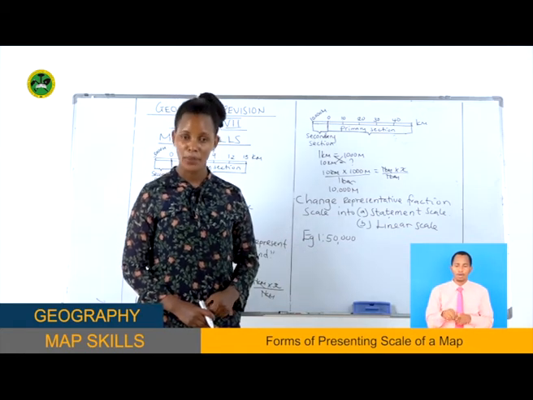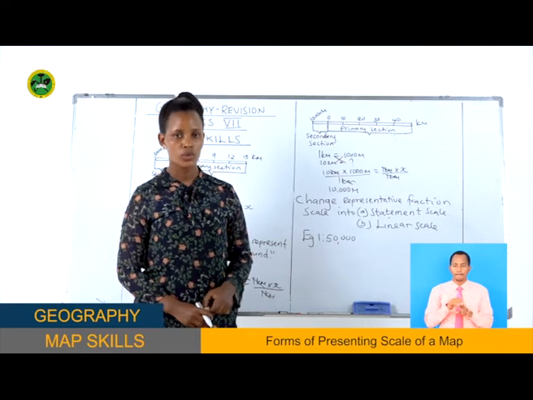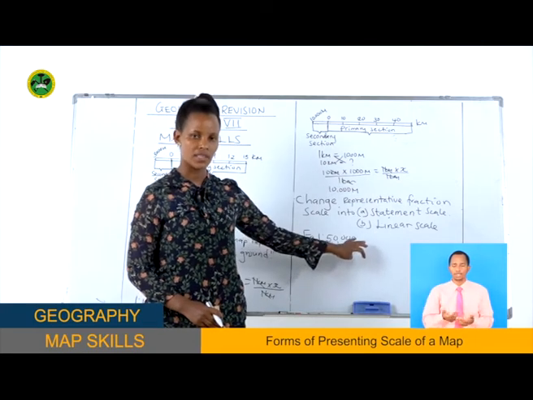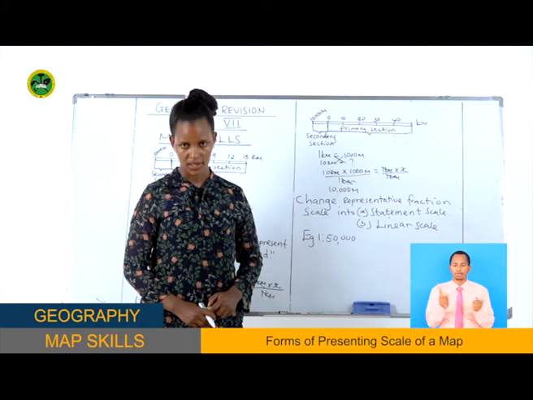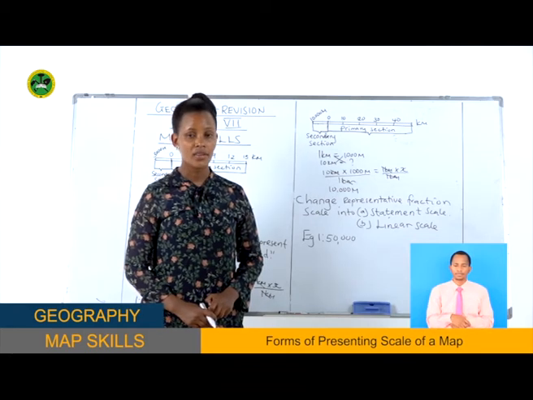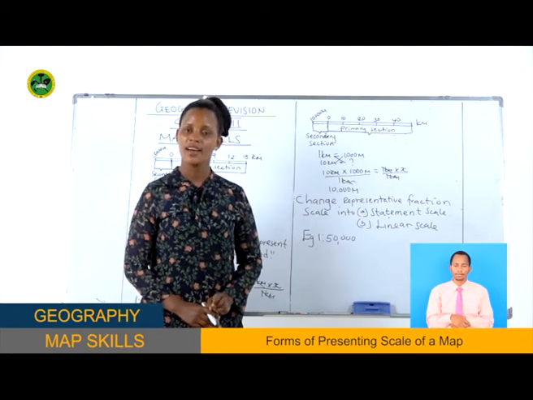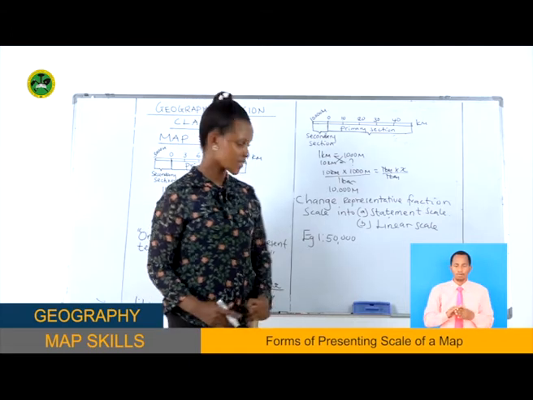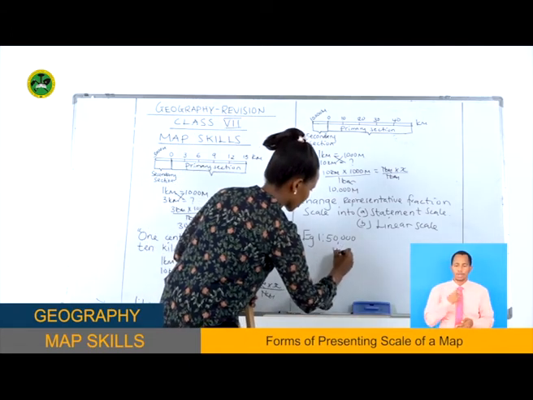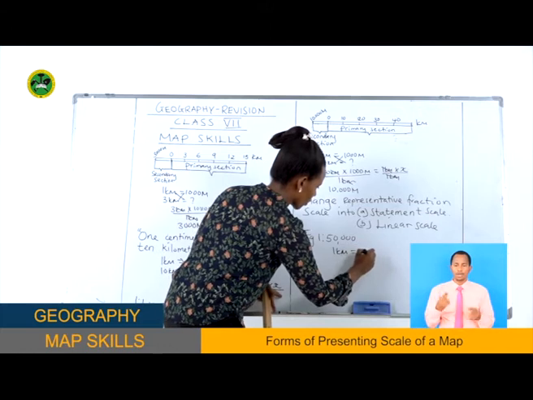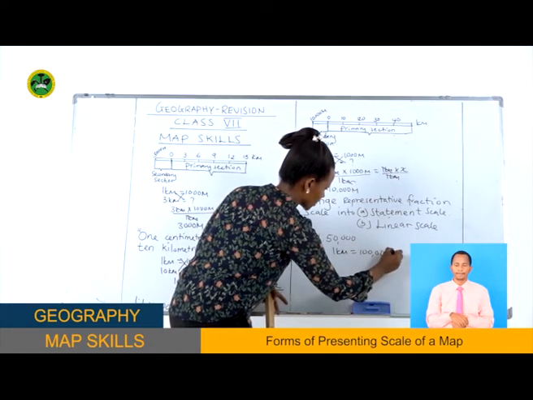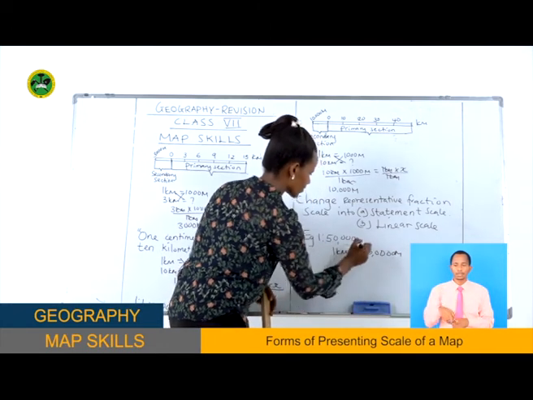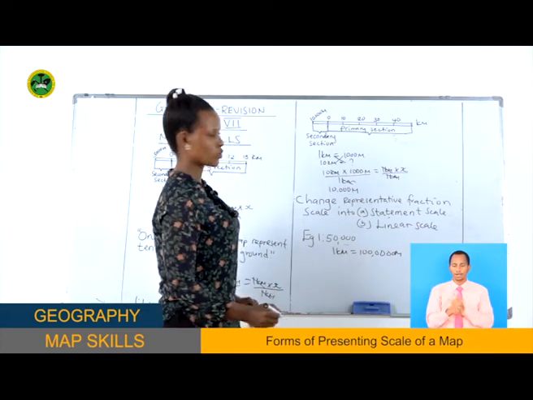It is very simple. In a Statement Scale, you should change 50,000 centimeters into kilometers. So here you have to take the formula from the metric table that 1 kilometer is equal to 100,000 centimeters. Then change this 50,000 centimeters into kilometers.